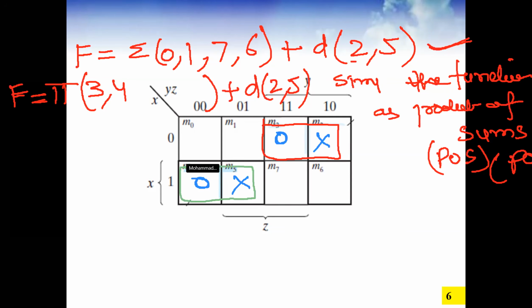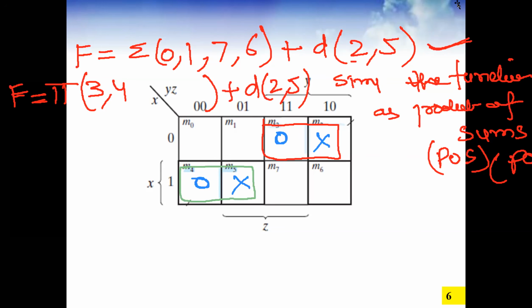All right. So after making these 2 groups, the next point is to read the function. And this is very important. While you are reading the function, girls, it is not going to be read as f. It's going to be read as the complement of f, because when we convert the min term into max term, the function becomes a complemented function.